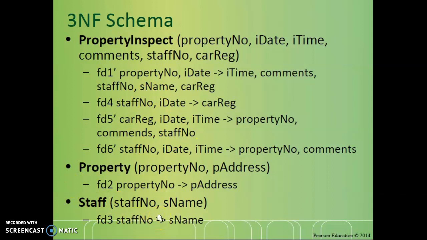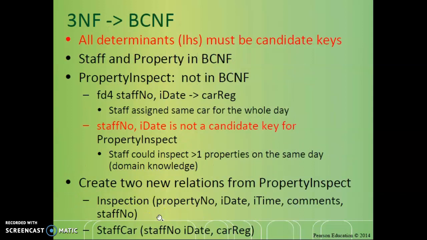Now we are converting these third normal form tables into BCNF, which is stronger than third normal form. What is the definition of a BCNF? Every determinant in a table must be a candidate key.